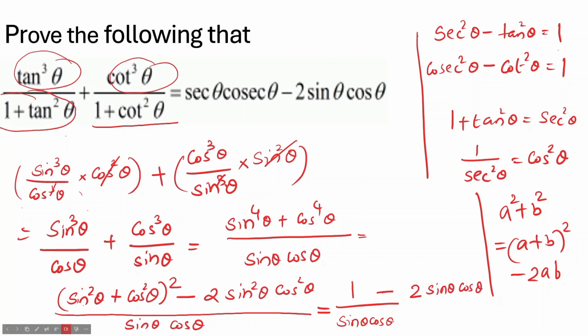The first term, 1 by sin theta cos theta, is sec theta cosec theta. So this is actually sec theta cosec theta minus 2 sin theta cos theta. Okay, hence we proved.